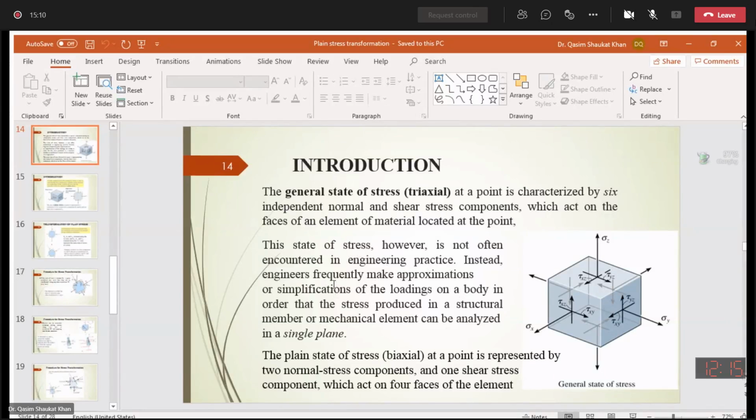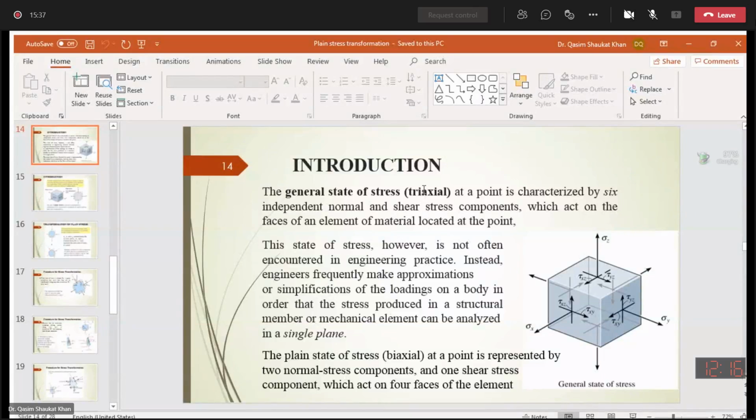Engineers frequently make approximations or simplifications of the loadings on a body in order that the stress produced in a structural member or mechanical element can be analyzed in a single plane. So the plane state of stress, biaxial, at a point is represented by two normal stress components.